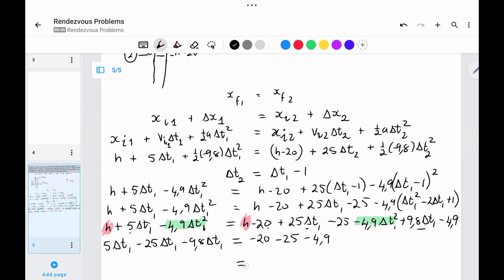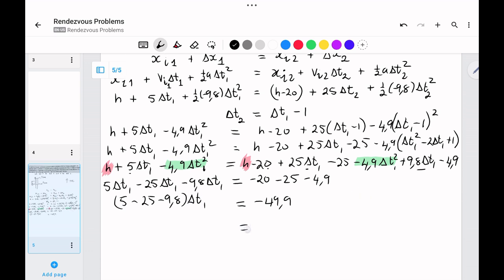So now we just need to add up everything. We do the right hand side first. Negative 20, negative 25, negative 4.9. What do you get? Negative 49.9. And on the left hand side, 5 minus 25 minus 9.8 all times delta t1, which gives us what? So what is 5 minus 25 minus 9.8?